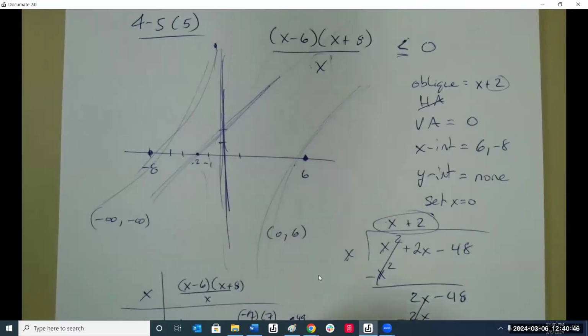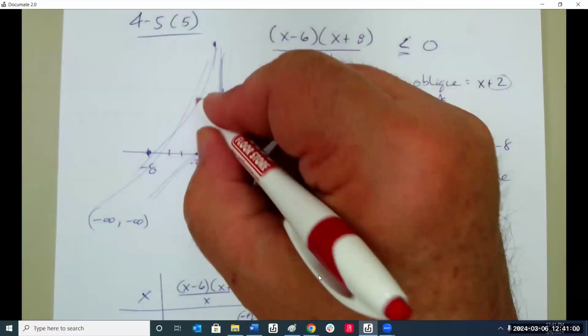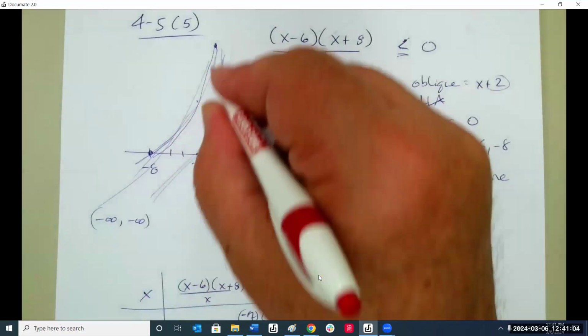Let's make it -10. 4 over -4 makes it 10. Yeah, so it's coming down. It crosses at 8.